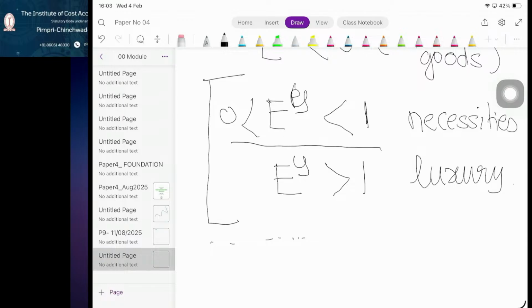What's his choice? B. Okay, yeah. Sandhya, are you also able to select B? I think this is right. It is more elastic if it has a number of substitutes. The more substitutes, the more elastic the demand will be. Okay.